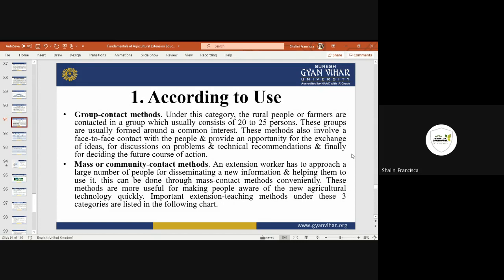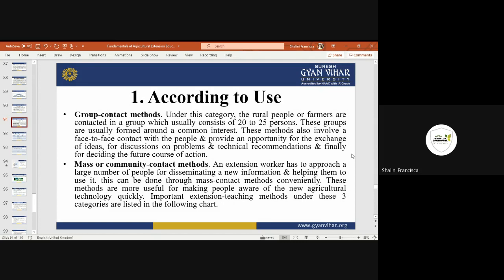Then mass contact methods. In the mass contact method, an extension worker has to approach a large number of people to disseminate new information and help them to use it. This can be done through the mass contact method. These methods are useful for making people aware of new agriculture technology quickly.